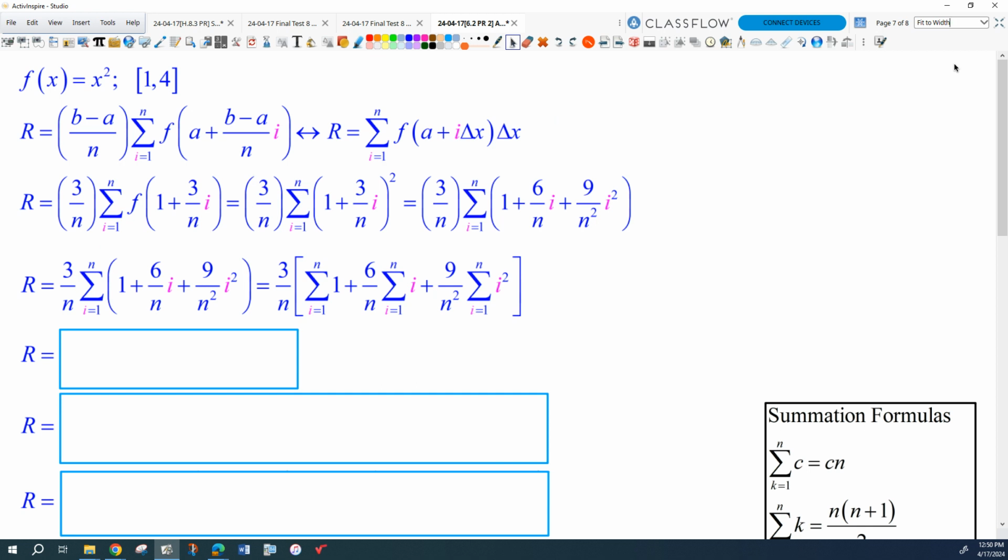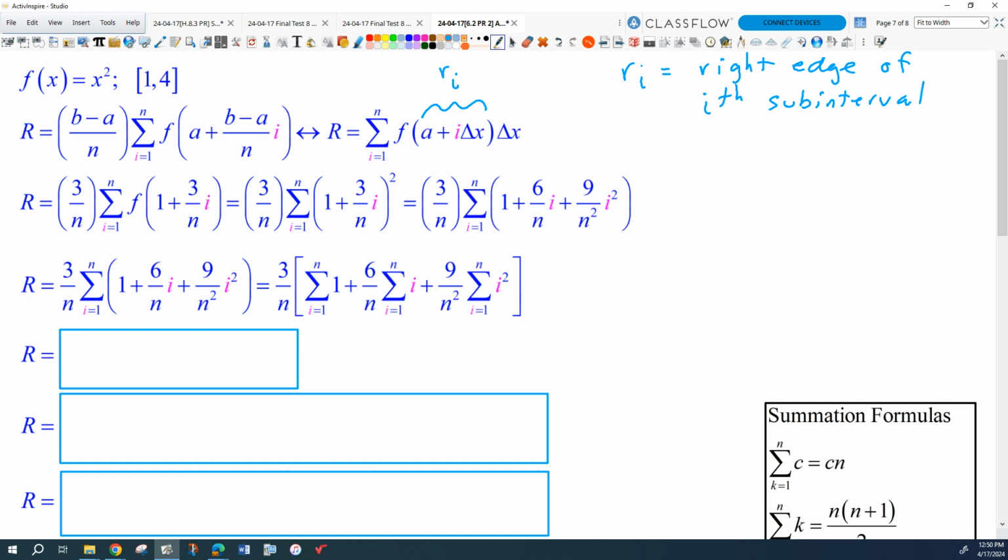So we could call this r sub i, where r sub i equals the right edge of the ith subinterval.